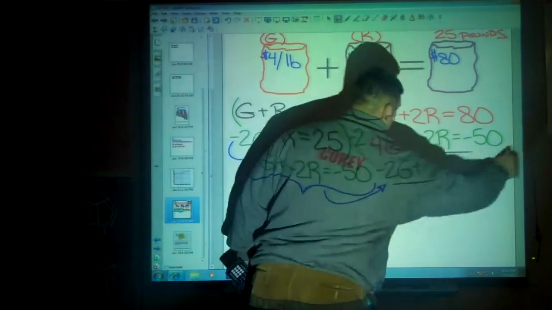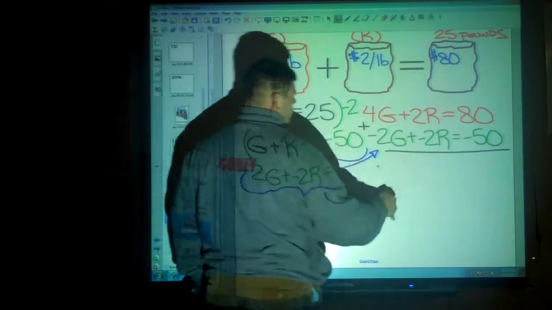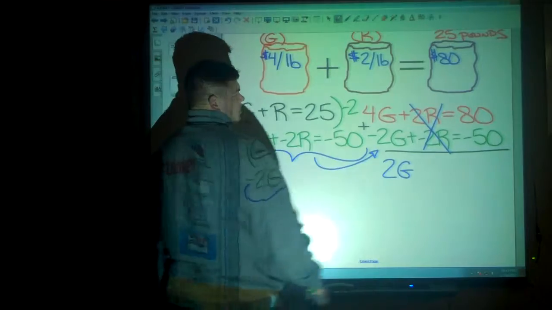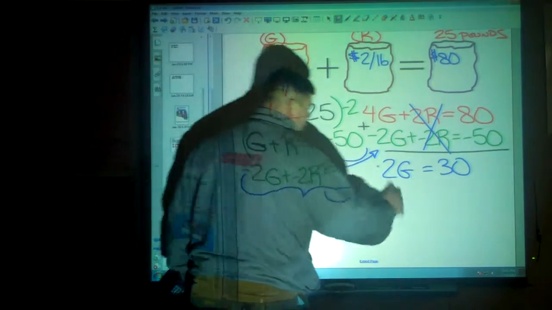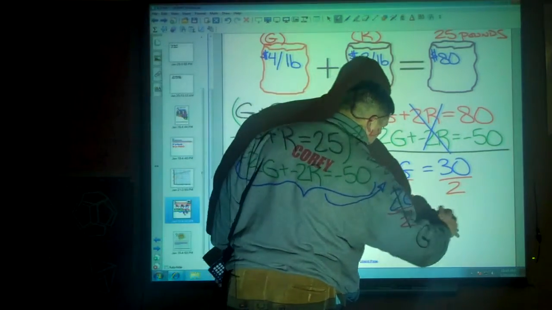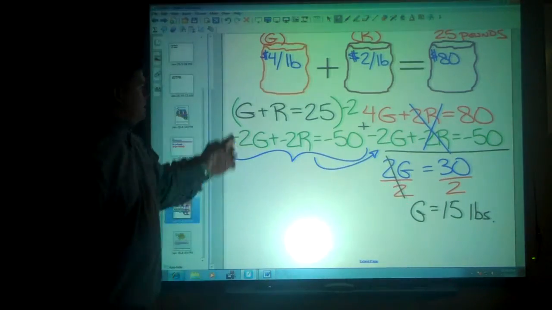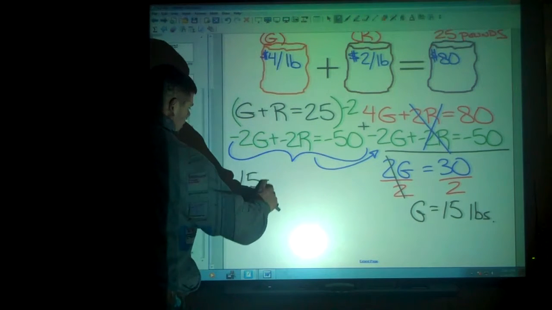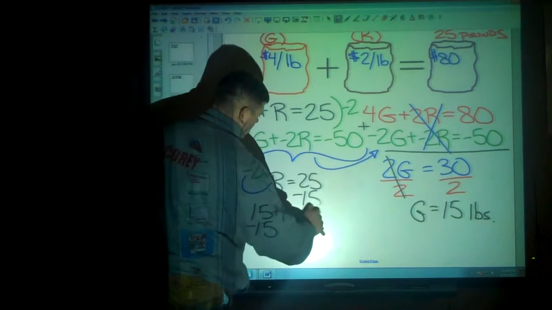So we can add it together with linear combinations. 4g plus -2g is 2g. 2r and -2r cancel out. 80 and -50 equals 30. So when you solve, you divide by 2, and you now know how many pounds of granola that you have. You have 15 pounds. That makes it pretty easy because if you have 15 pounds of granola, 15 plus r has to equal 25. That means r has to be 10 pounds.